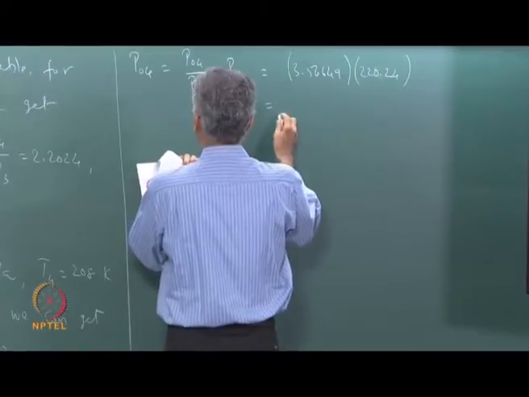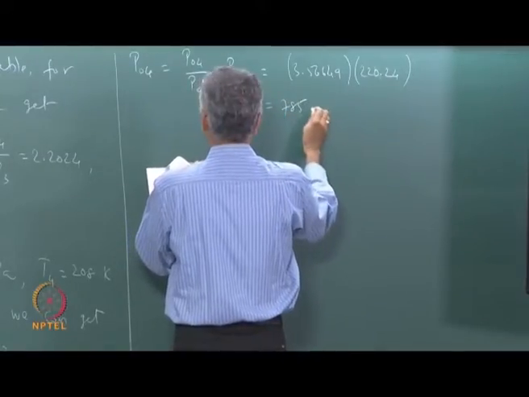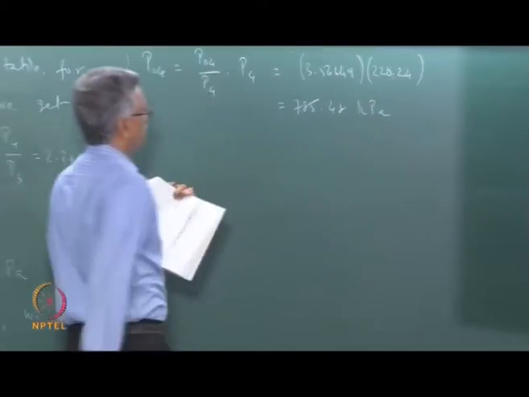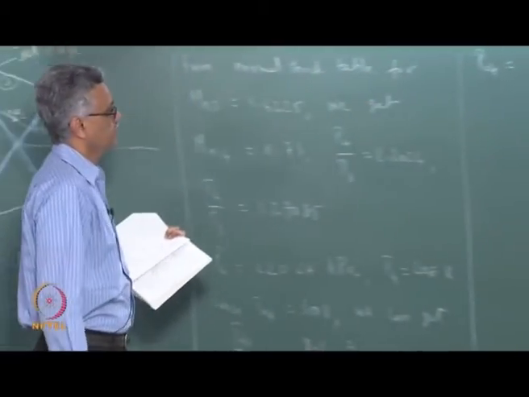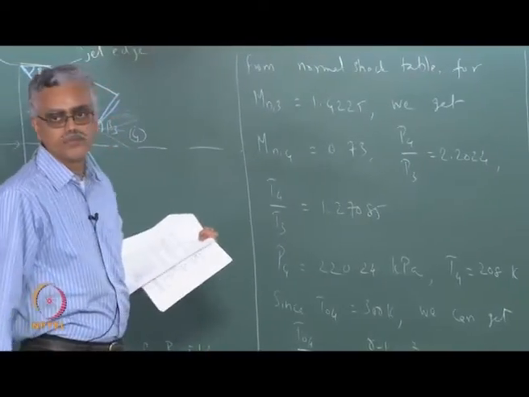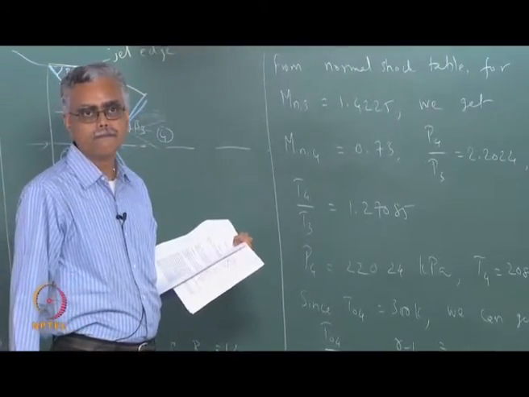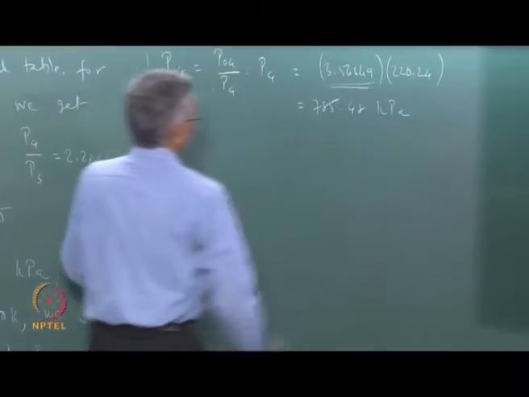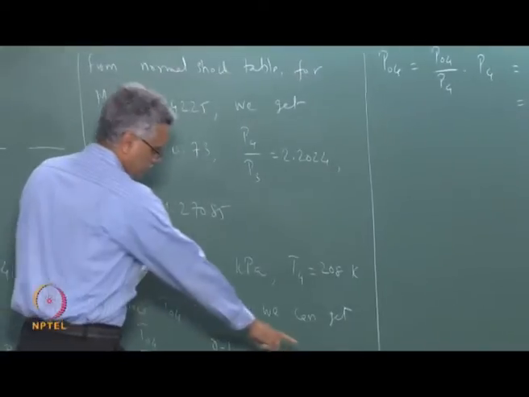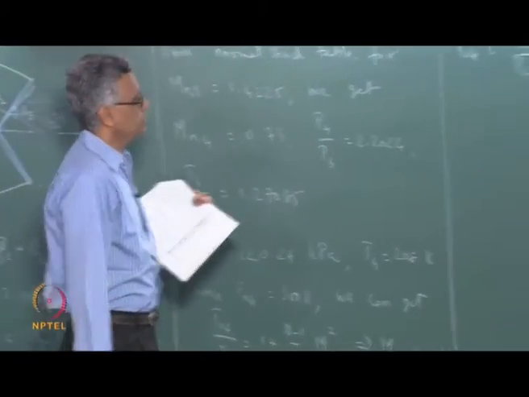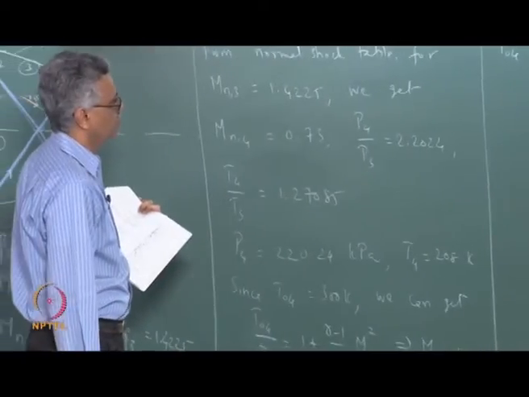So this comes out to be 785.48 kilopascal. Okay. So this I have obtained from the isentropic table for a Mach number M4 equal to 1.48. Okay. So stagnation pressure is also known.